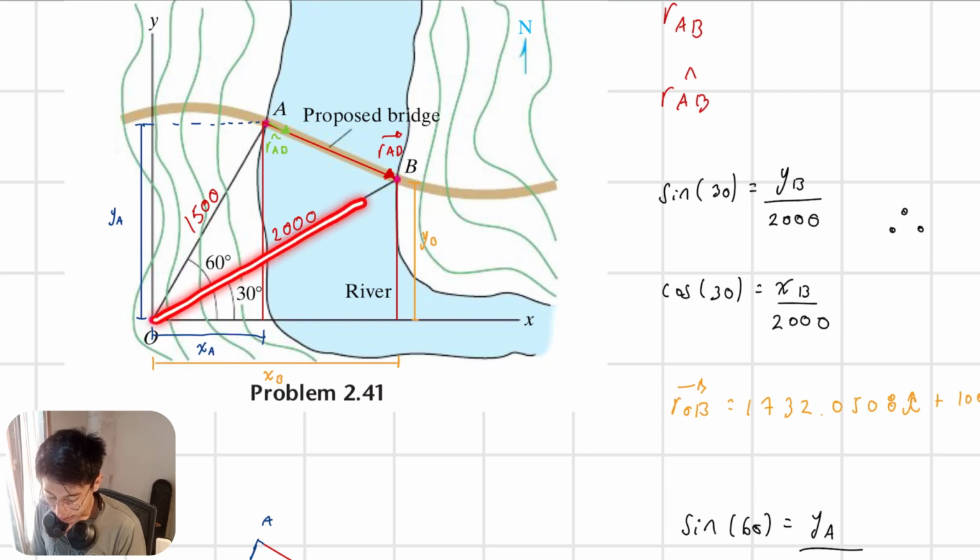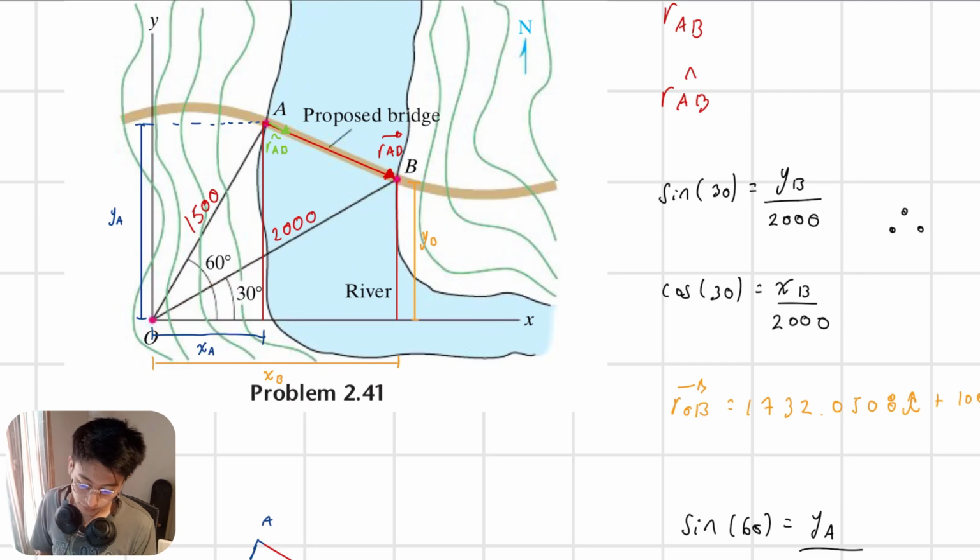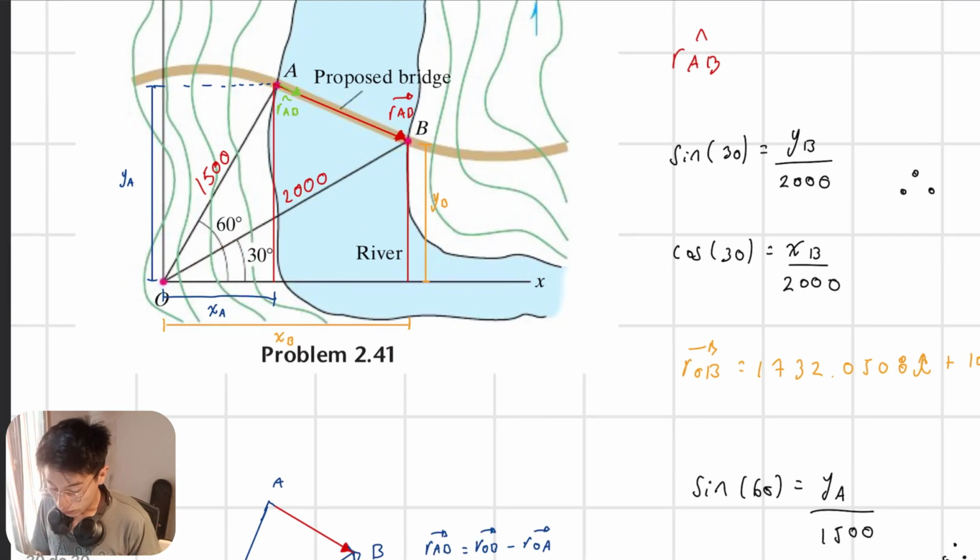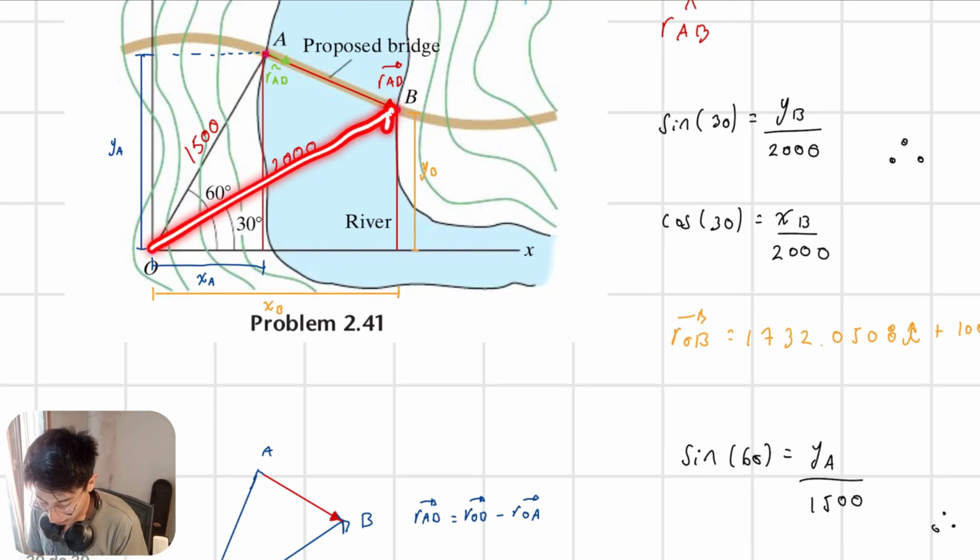Now, this vector is the solution. For this vector OB, the components are this one and this one.